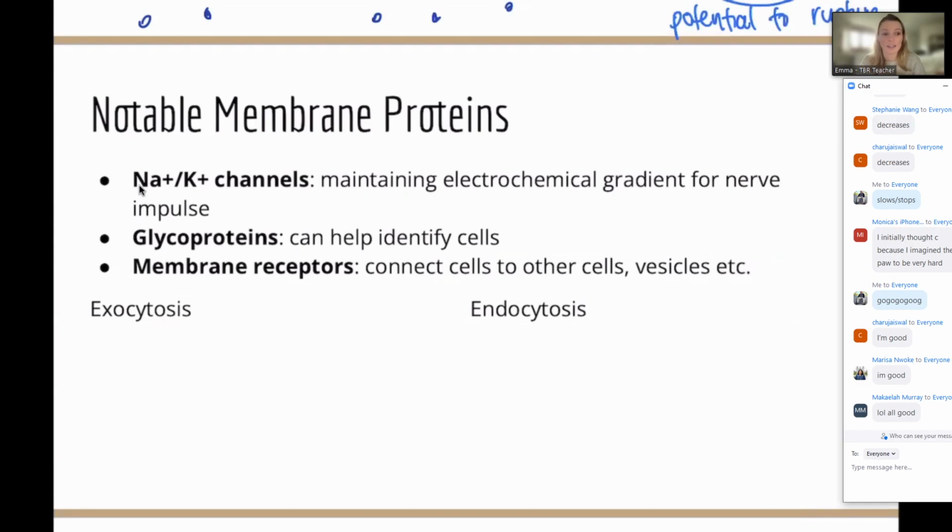If they're describing a cell to you that has a lot of sodium potassium channels, a lot of vesicles, a lot of projections, and it's not perfectly circular, you're already starting to think neuron, right? That sounds exactly like a neuron.